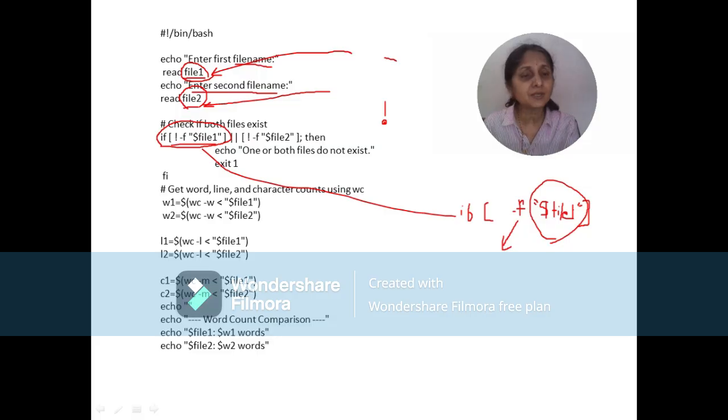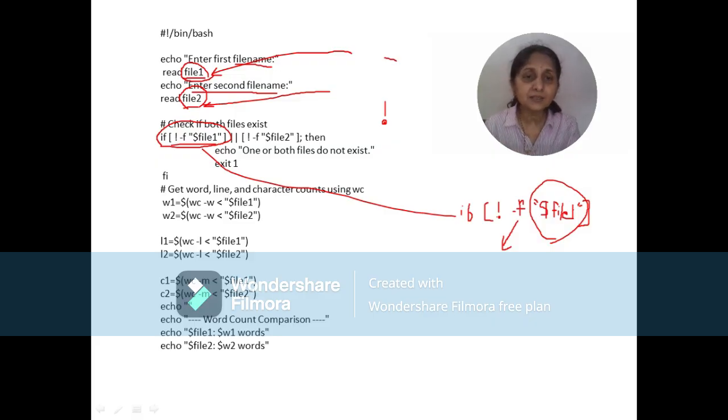In this if condition, we are checking whether the given file, the file which is stored in the variable file1, exists or not. And if I just put a not operator, I am putting a not operator just before hyphen f and dollar file1, it simply means that we are negating the condition.